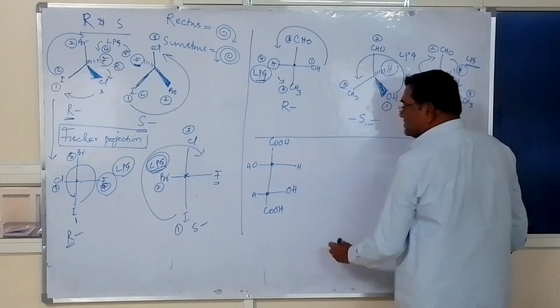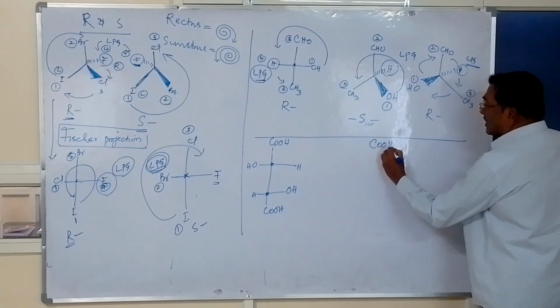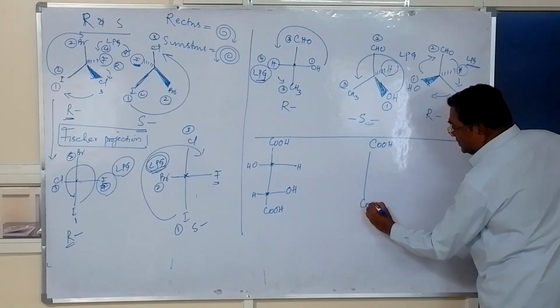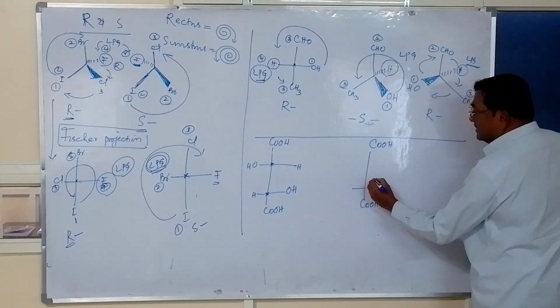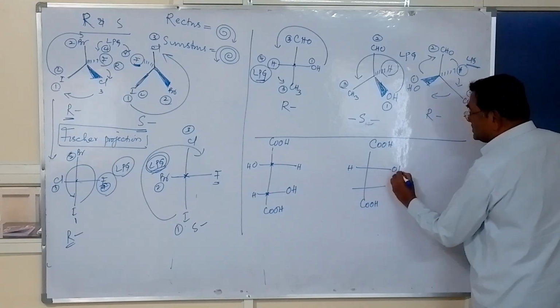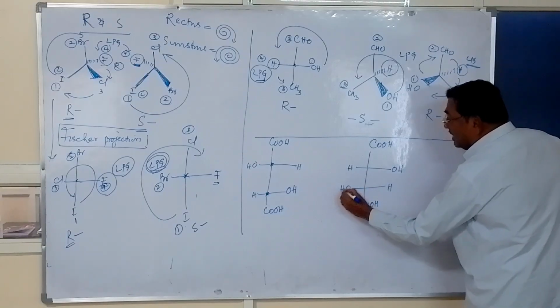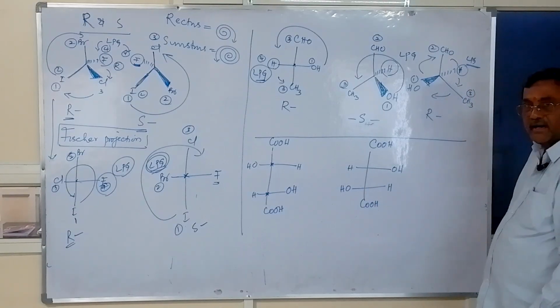Just answer this one in the next session, children. Suppose it's related with tartaric acid. This is also related with tartaric acid. And here H and OH, and here H and OH. They are going to be different.